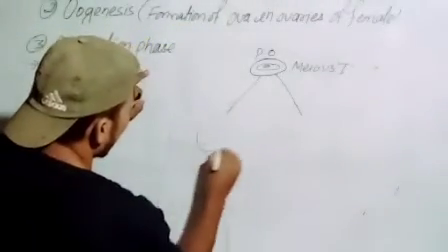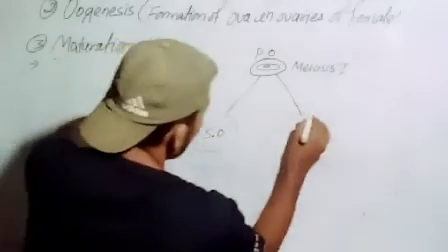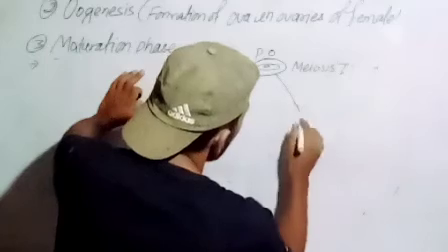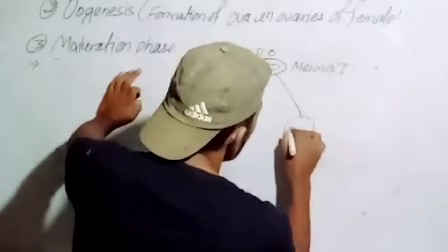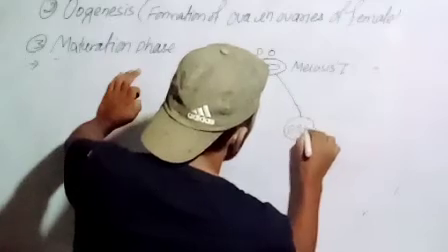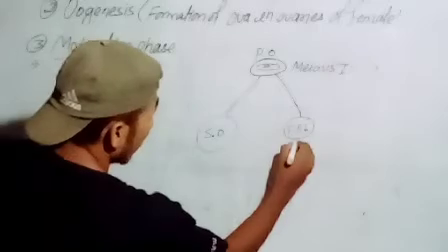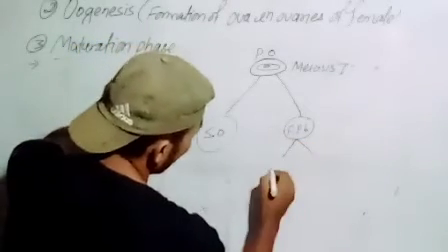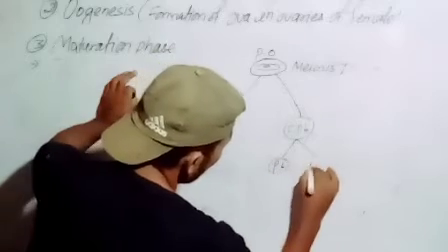One is the secondary oocyte, and this is the first polar body, which is smaller in size. This first polar body also divides into two, and these are again polar bodies.